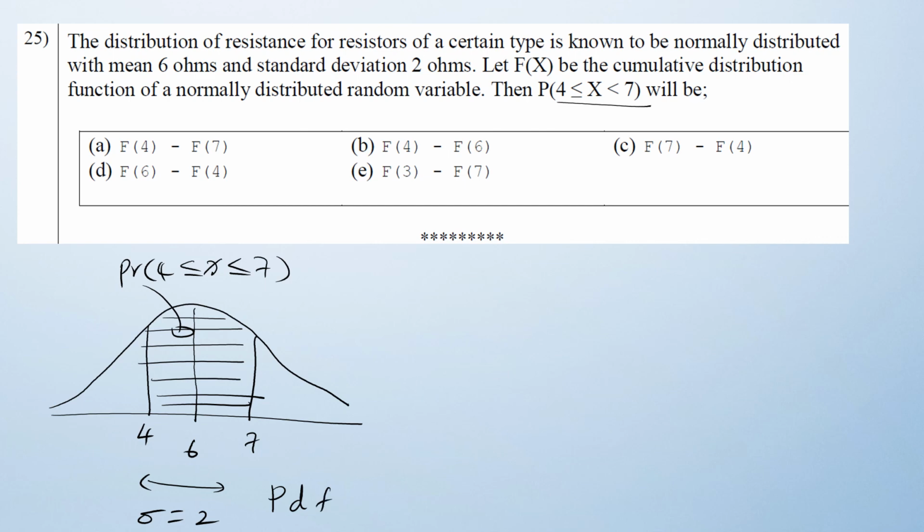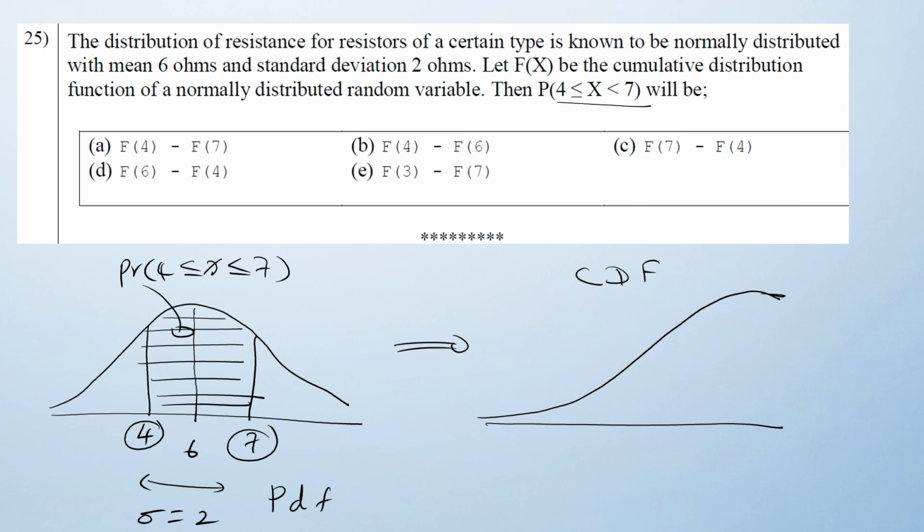If you have the cumulative distribution function, it will be something like this. Then the relevant cumulative frequencies will be F4 and F7, given by the y coordinates of these two points when x equals 4 and x equals 7.